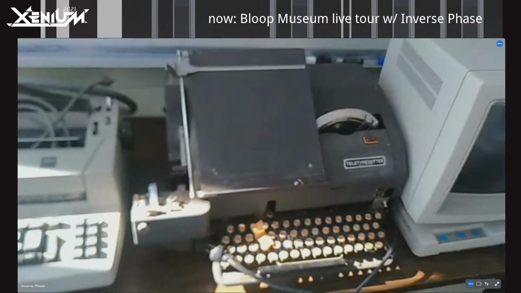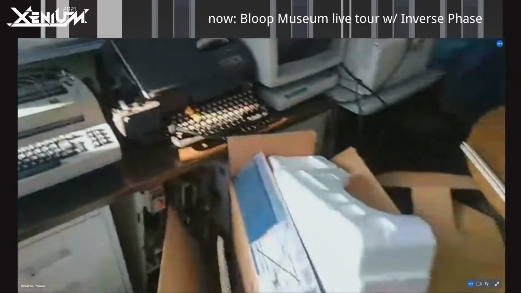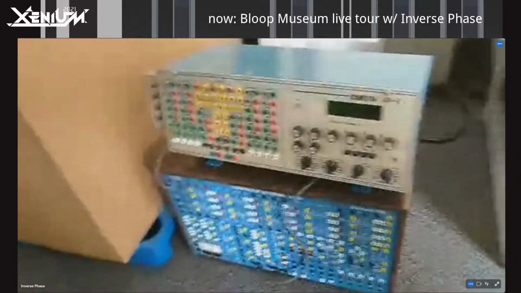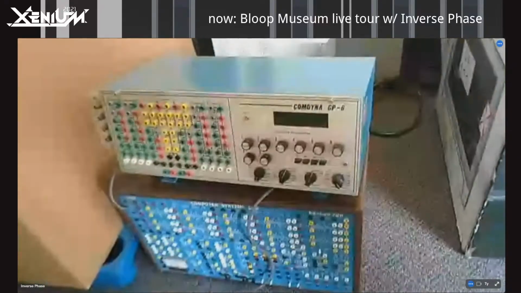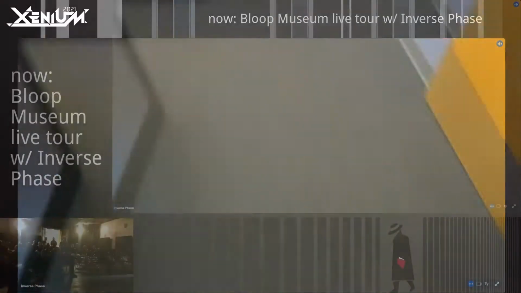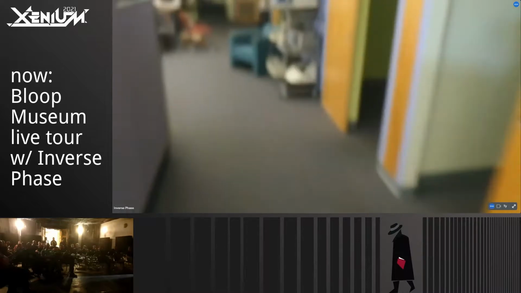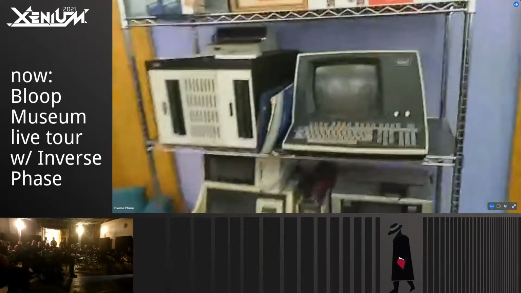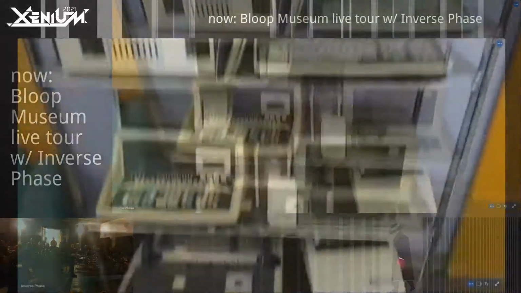Hence the name. We also have some analog machines. And I can take us over to, we have also some word processing.